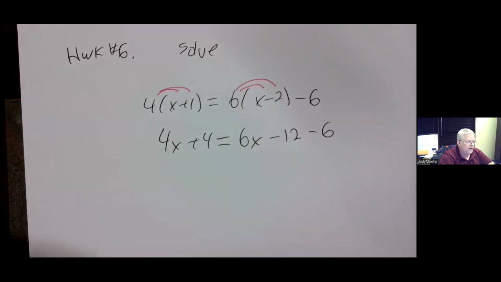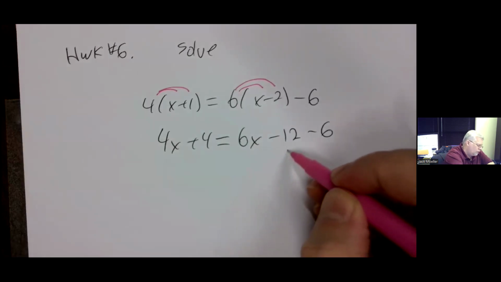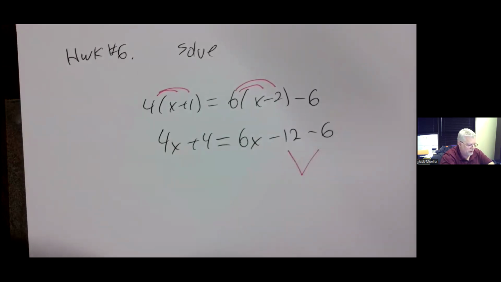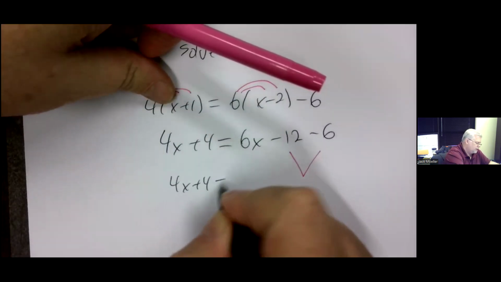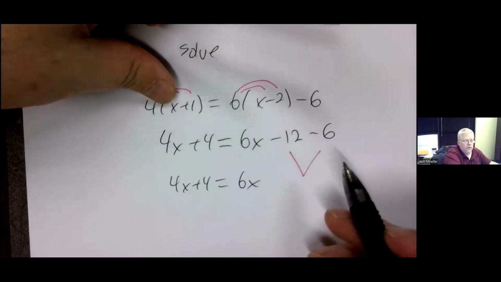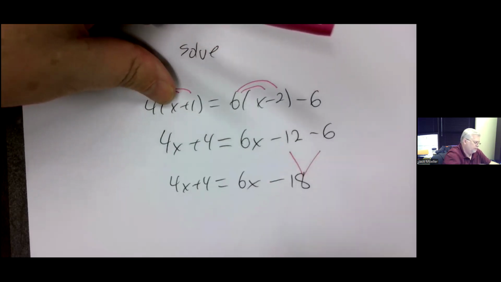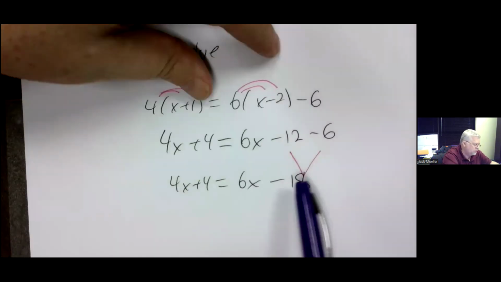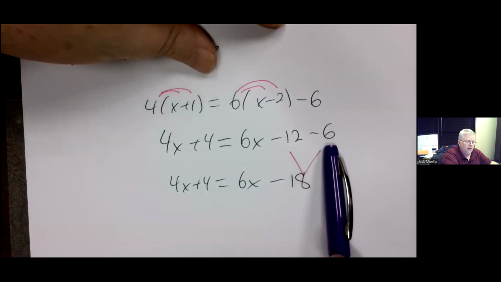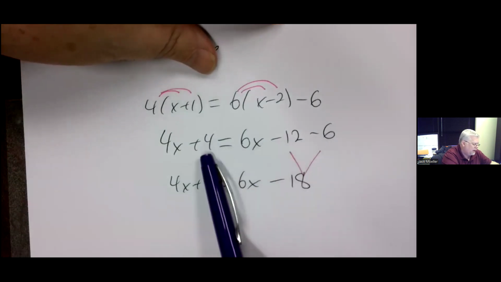Right? And again, we have like terms to combine. And so if we're on the same side, remember, do exactly what it says. Don't do opposite operations. Do the operations that are on that side. So minus 12 minus 6 is minus 18. Now, technically, you don't have to do this, but often what I see students do is they want to add 6 to get rid of it here, and then they would add 6 here and add 6 here.